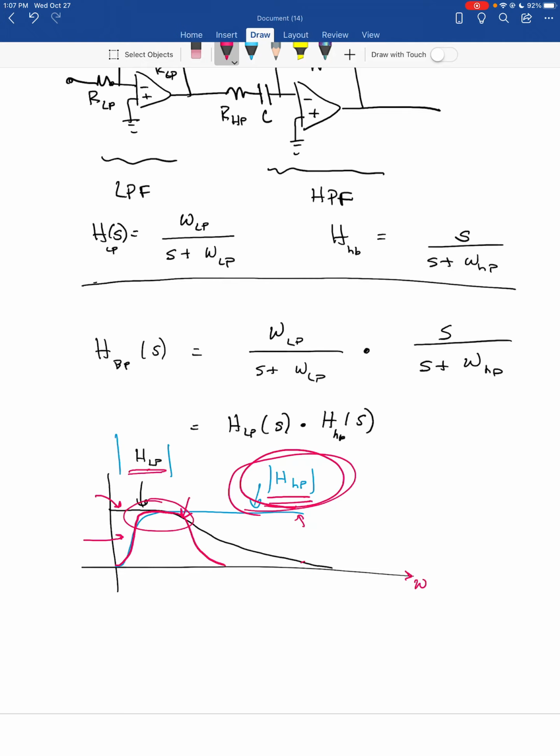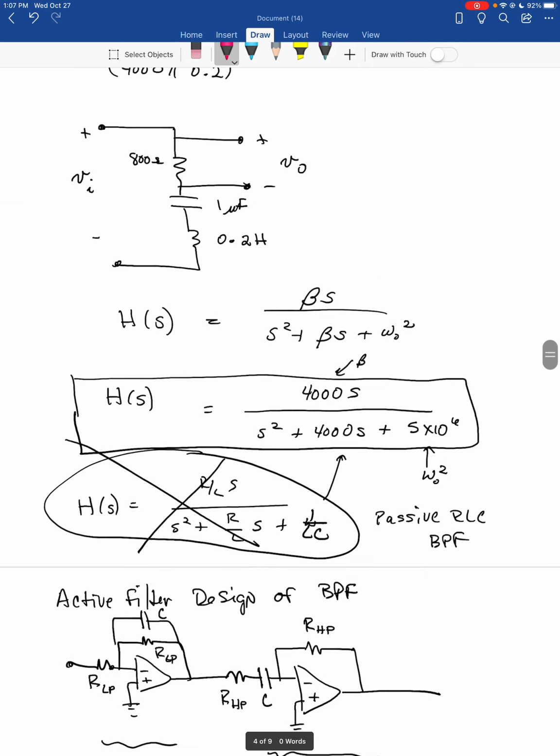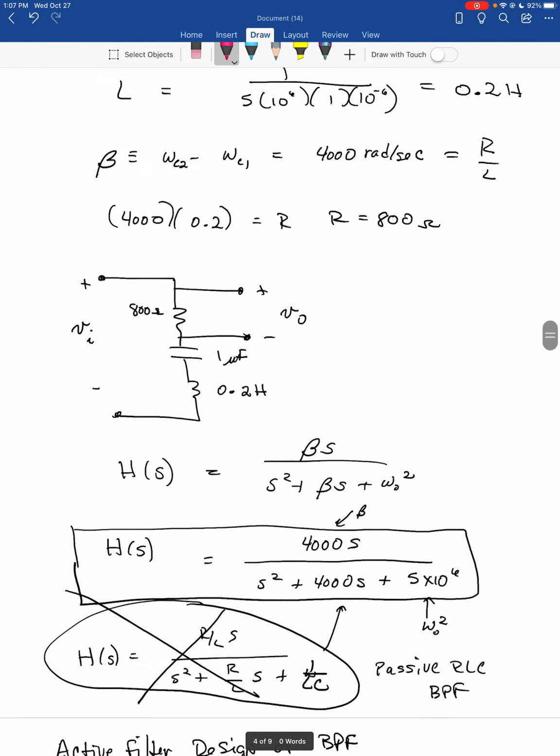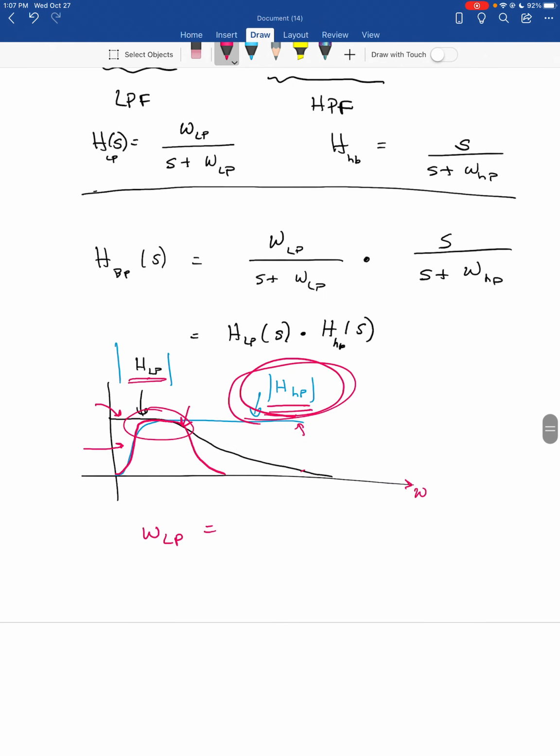So we want our omega low pass in this design to be, I forgot what our specs were, 5,000 radians per second. And we want omega high pass to be the lower cutoff, so we want it to be 1,000 radians per second.